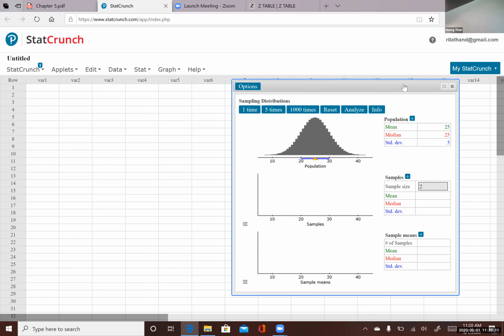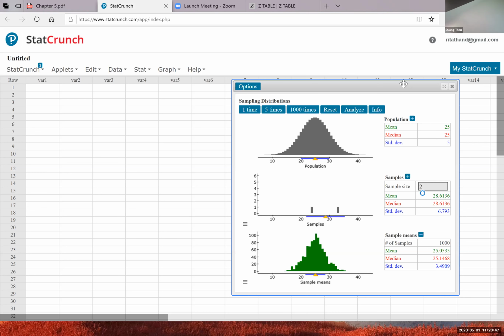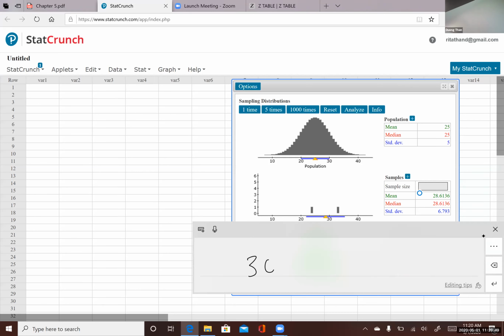So as you see, the distribution of the population first appears to be a bell-shaped curve, a normal distribution. And then if the sample size is 2 and I run it 1,000 times, the distribution of the sample means is also a bell-shaped curve with the mean of the sample means the same as the mean of the populations. And also the standard deviation is still quite a bit smaller compared to the standard deviation of the populations when the sample size is 2.